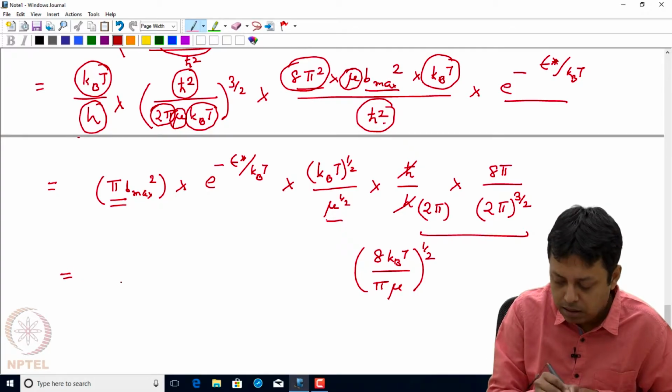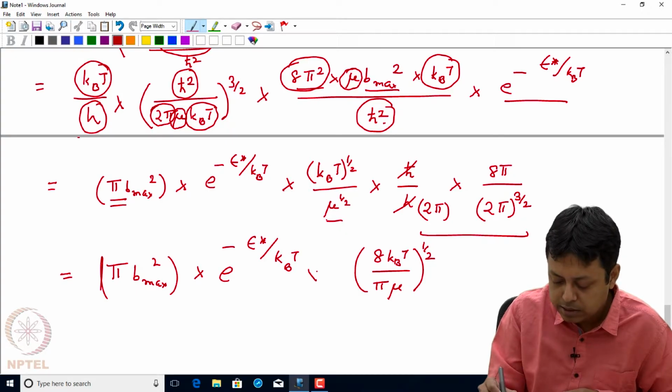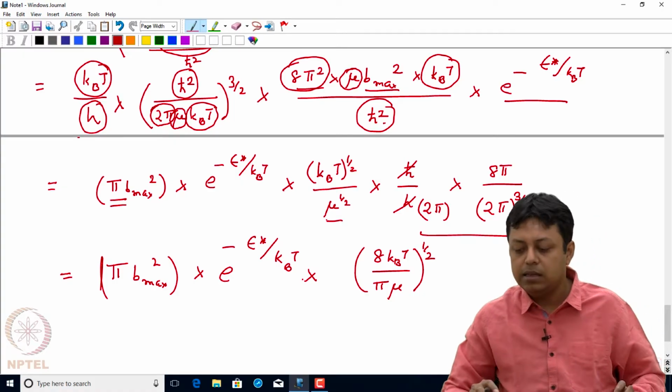And then I have basically already derived the collision theory expression from transition state theory, and we see that the expressions are exactly the same.